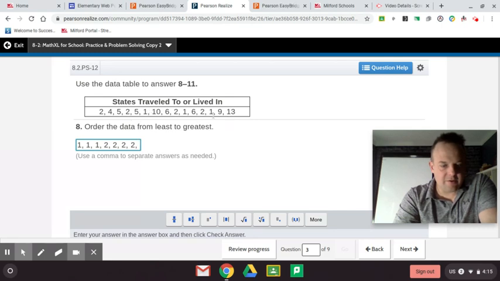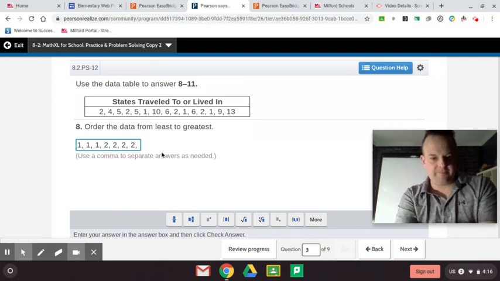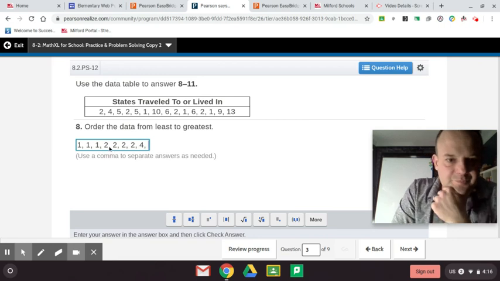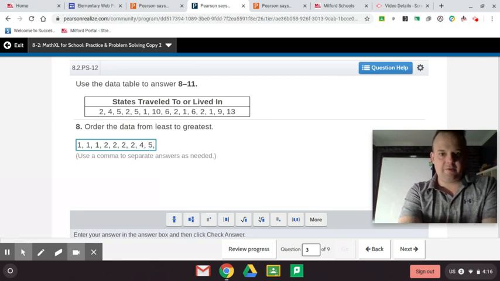Three. Do I have a 3? I don't think I have a 3, do I? 4. I have 1 4. 5. 2 5s.